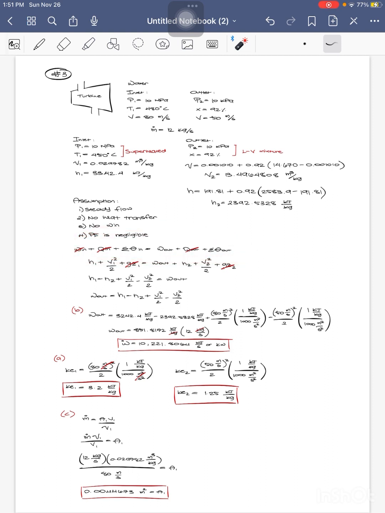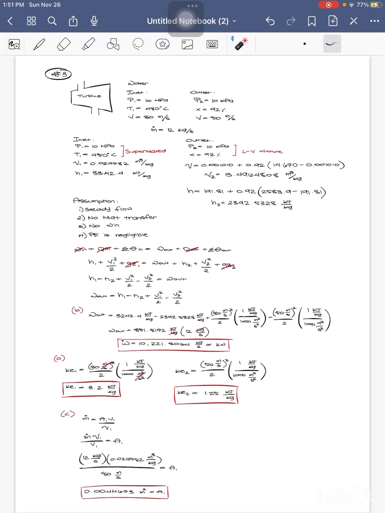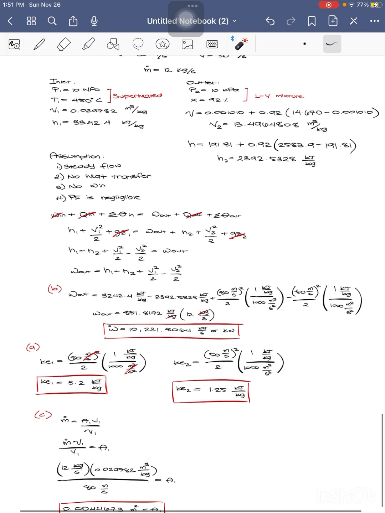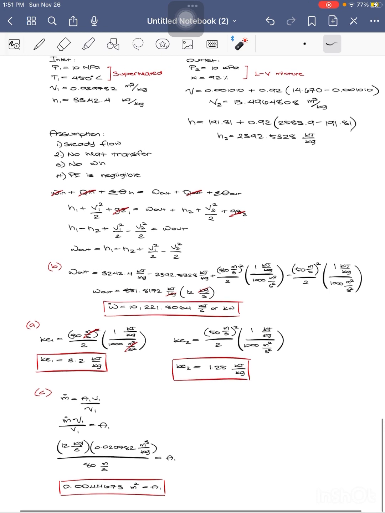First I canceled out the work in and Q in, and next I canceled out the Q out since it is an adiabatic process, so there's no heat transfer. Next, I canceled out the potential energy, which leaves us with this equation, and I just wrote it in this form. Now, the values needed are the kinetic energy, work flow rate, and the area.